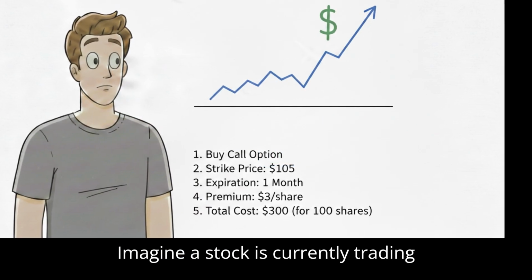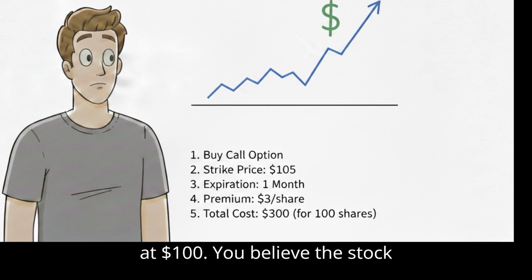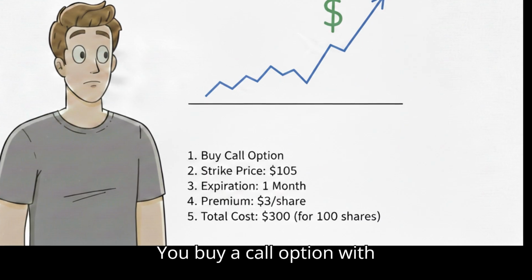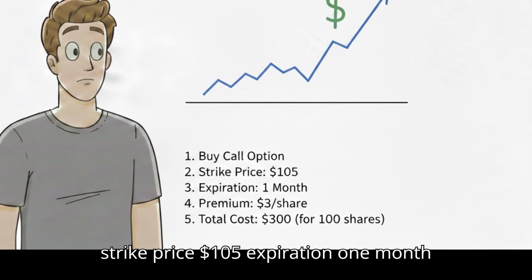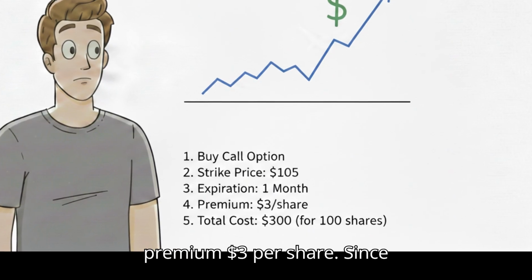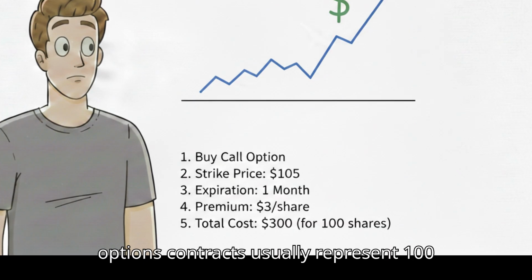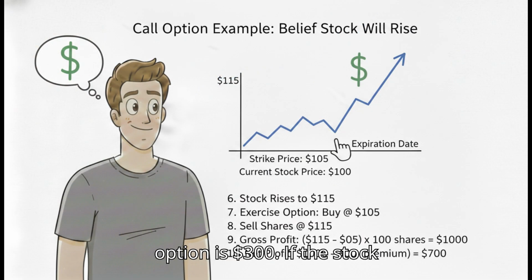Imagine a stock is currently trading at $100. You believe the stock will rise over the next month. You buy a call option with strike price $105, expiration 1 month, premium $3 per share. Since options contracts usually represent 100 shares, the total cost of this option is $300.